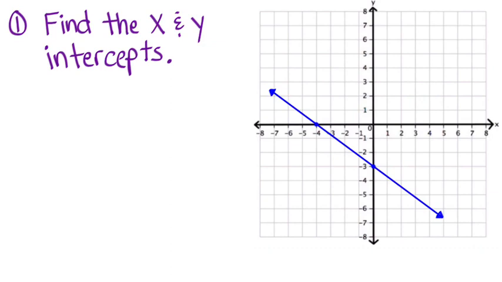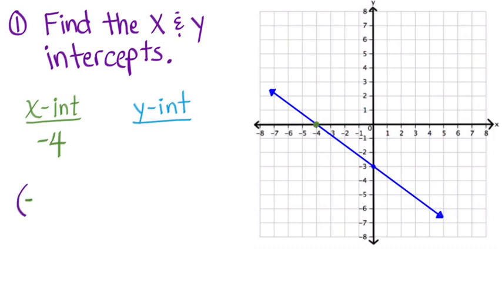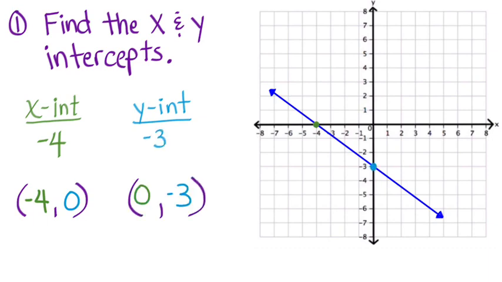When we look at this graph, we see it goes through the points -4 for the x-axis and -3 for the y. So for -4, I would write that -4, 0. And for -3, I'd write it 0, -3.